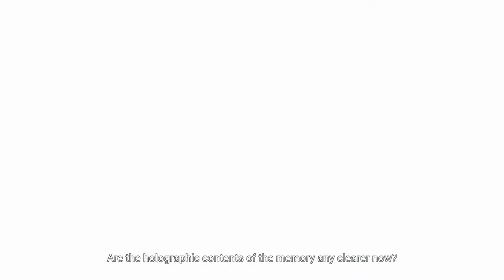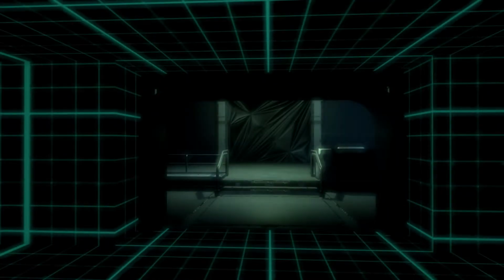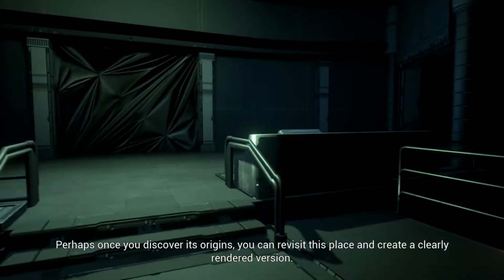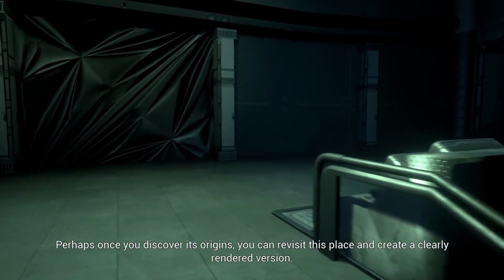Are the holographic contents of the memory any clearer now? Perhaps once you discover its origins, you can revisit this place and create a clearly rendered version.